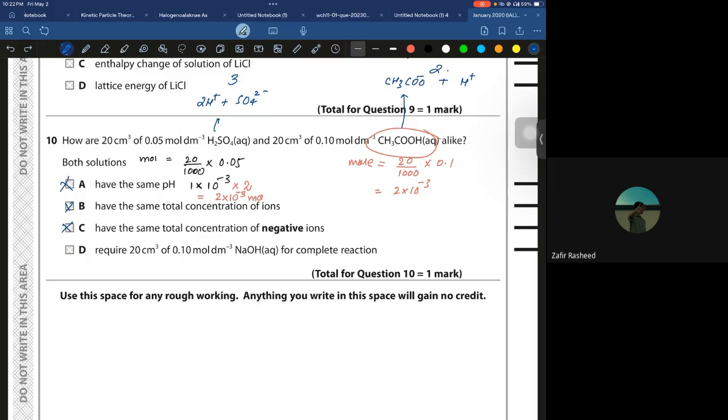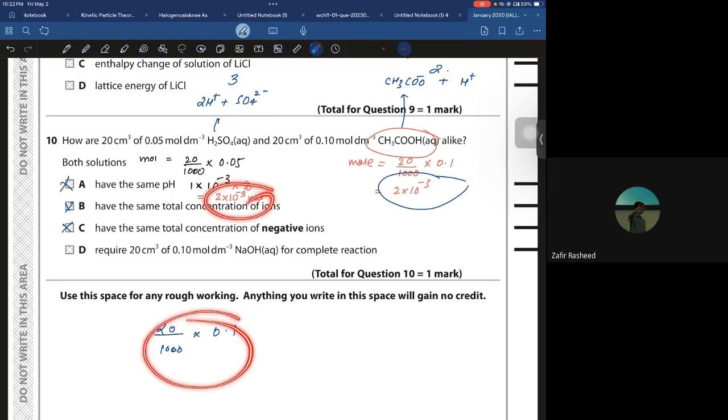So, 20 divided by 1000 multiplied by 0.1 gives 2 times 10 to the minus 3 moles. The same moles, so it can neutralize this sulfuric acid, this methanoic acid, and ethanoic acid. Option D is correct. Quite tricky question, so you have to take care.